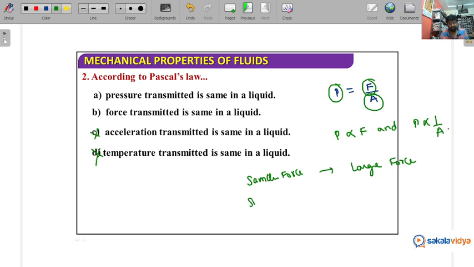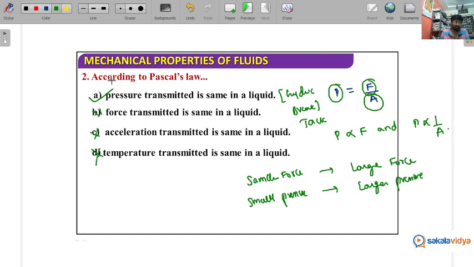If we apply a smaller pressure, it creates the impact of a larger pressure. So according to Pascal's law, the pressure transmitted is the same in the liquid. That is the hydraulic brake or hydraulic jack application. So for this question, the answer is that the pressure transmitted is the same in the liquid.